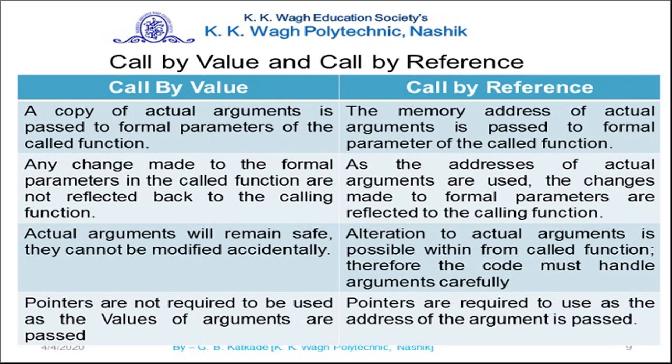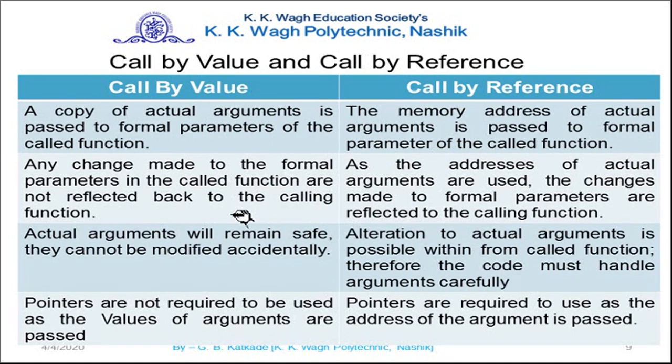Now call by value and call by reference are two different techniques, and here is the summary of how the two differ. As we discussed, call by value gives the value from the actual parameter to the formal parameter, and in call by reference we give the memory address of the actual parameter to the formal parameter.